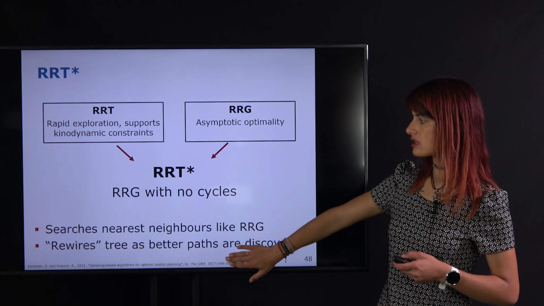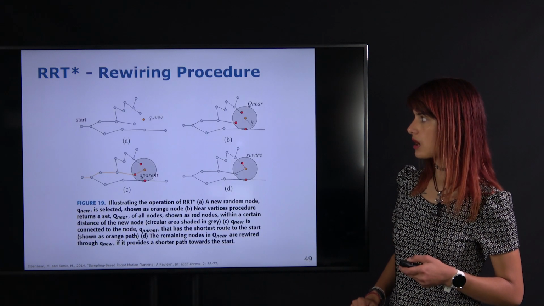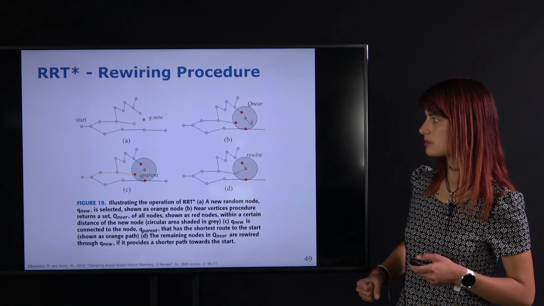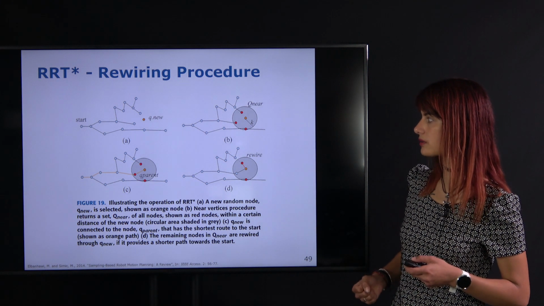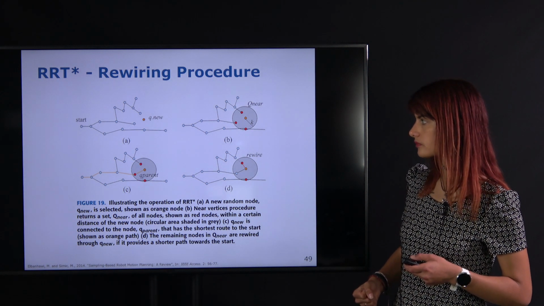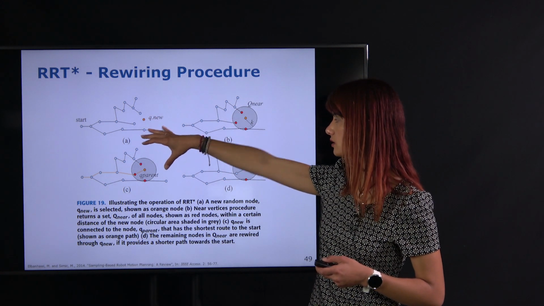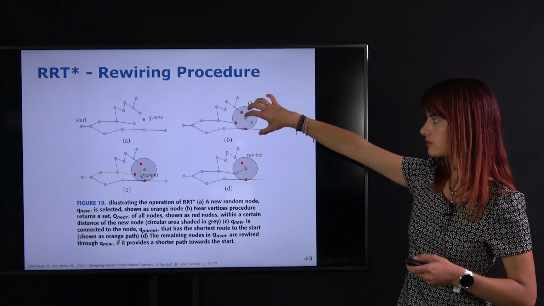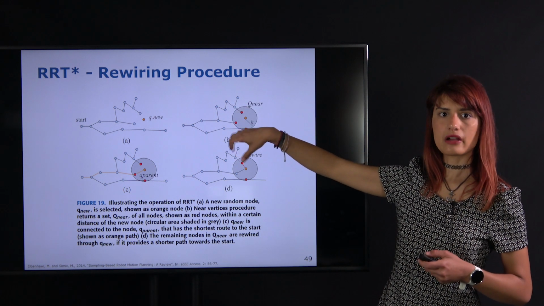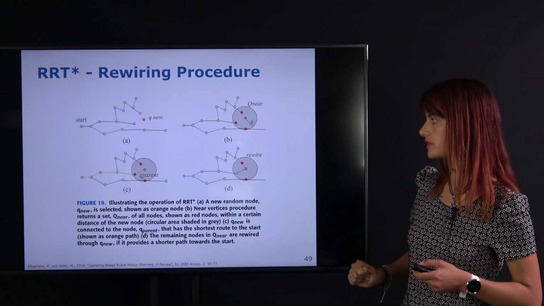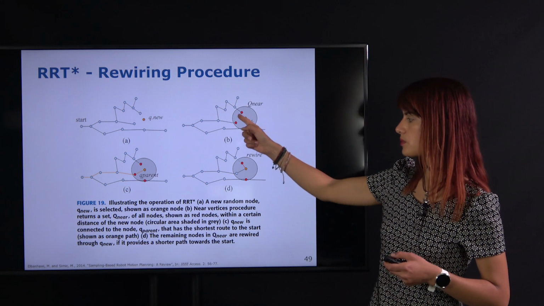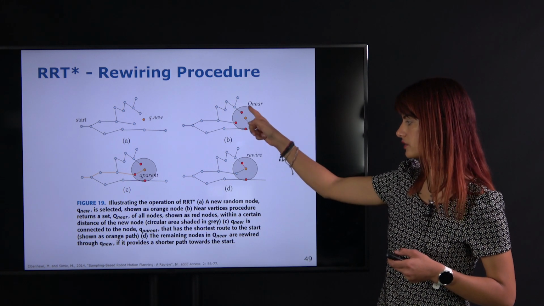So looking into just a little more detail about this rewiring step, here is how it looks in practice in the rewiring procedure. If we sample a new random node over here, we can set our radius, remember, based on the graph size using the formula from the RRG. And this is what we see here in the shaded circular area.